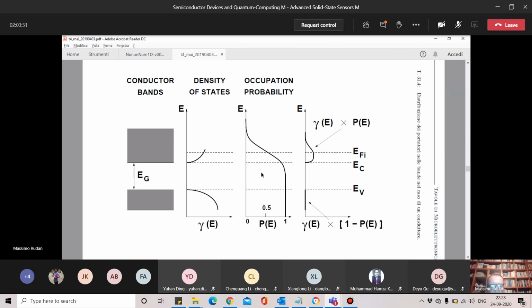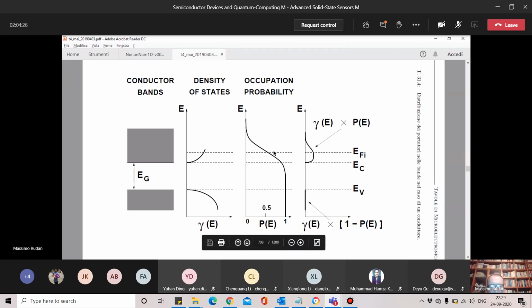Then we go to the third part from the left. This is obviously the Fermi statistics, again with the two axes inverted. So when you go up in energy, the function P goes to 0. When you go low in energy, it goes to 1. And when we consider an energy equal to the Fermi level, the function is equal to 1/2.